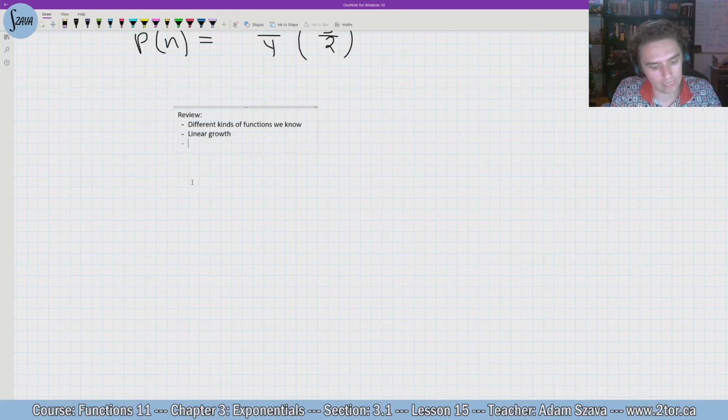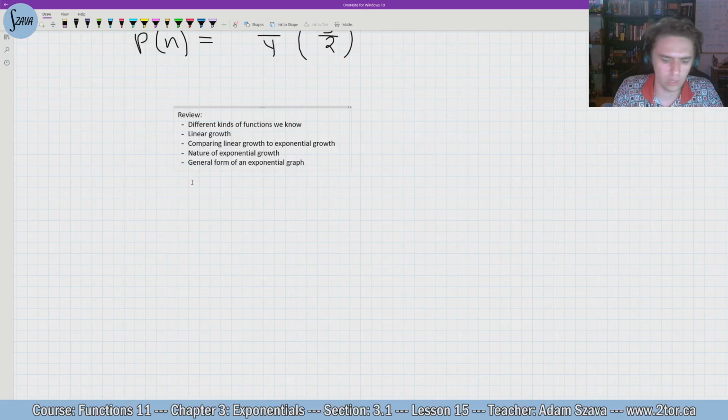And then we went through the whole example of comparing linear growth to exponential growth. And then we talked about the nature of exponential growth. We talked about the general form of an exponential graph, which I think works well to introduce here.